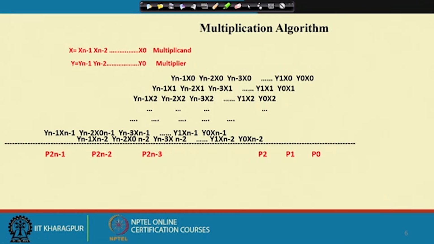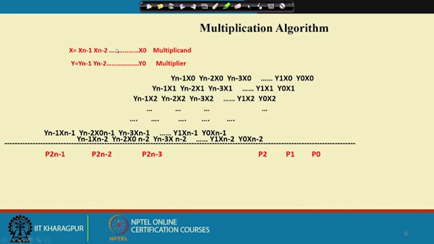Okay. So, now the bit y0 of y, the multiplier, will be multiplied with each bit of x, and that will be written in the first row. Here you see this y0 has been ANDed, one bit multiplication is nothing but the ANDing operation, right.